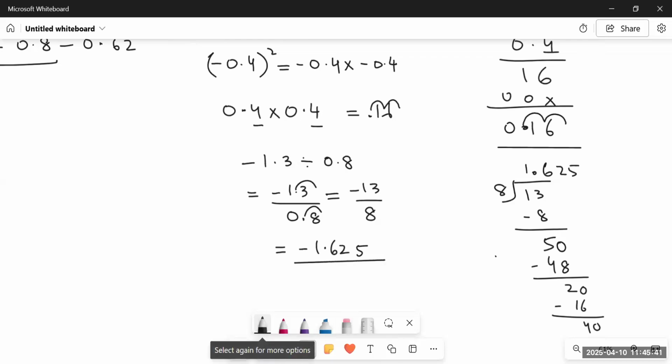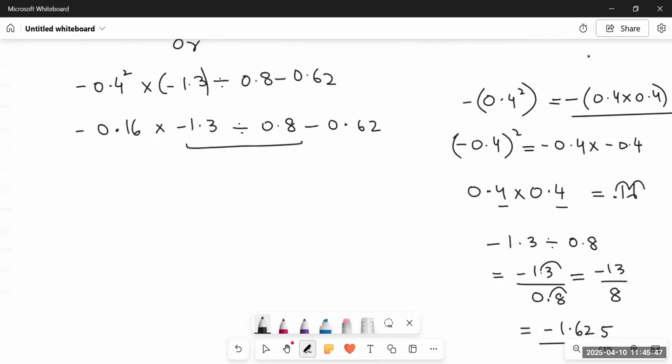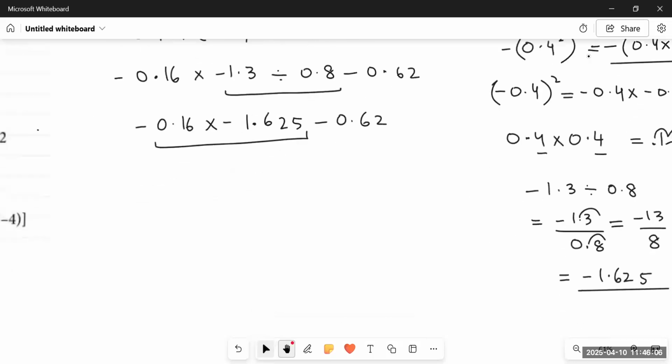After getting this answer, we have to place it right here. So it would be minus 0.16 multiplied by minus 1.625, minus 0.62. Since there is a multiplication sign over here, first we have to multiply these two numbers and then subtract 0.62. How will we multiply it?